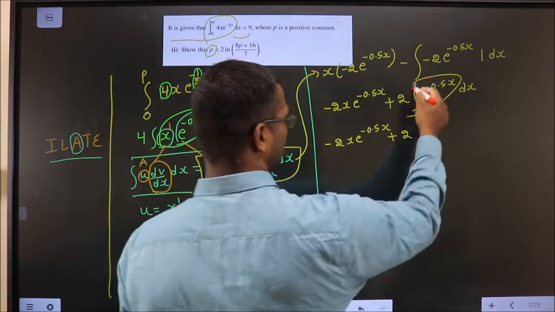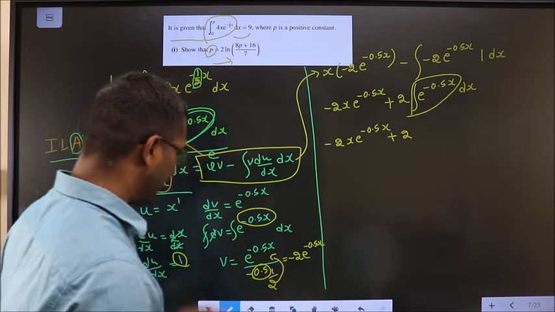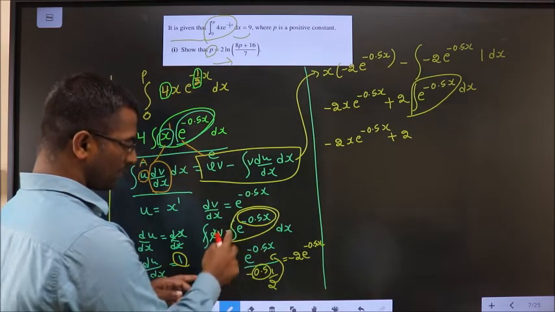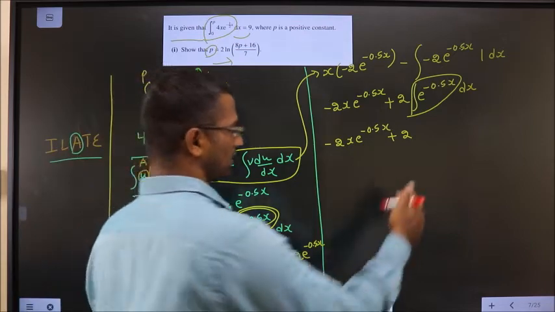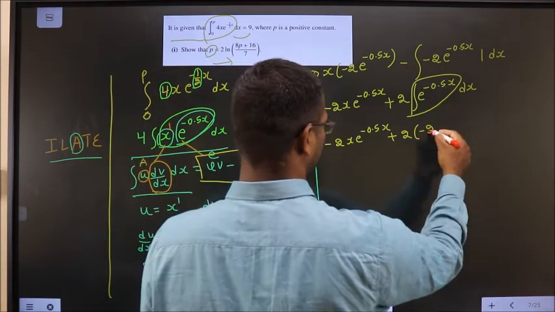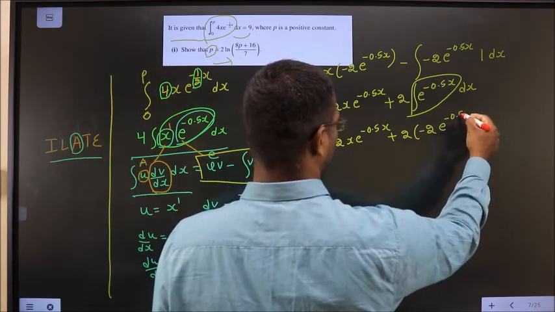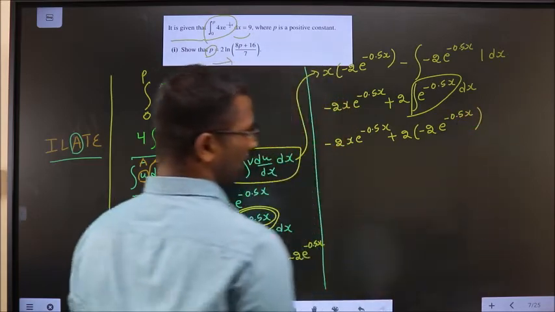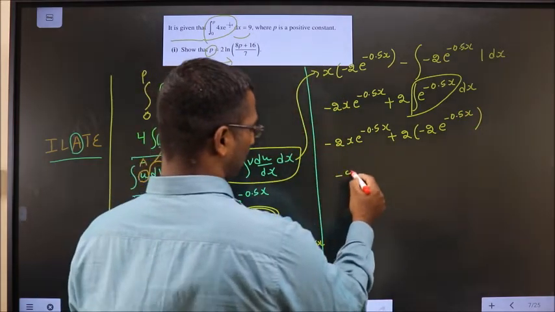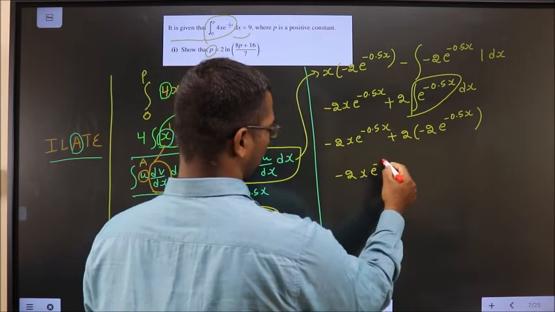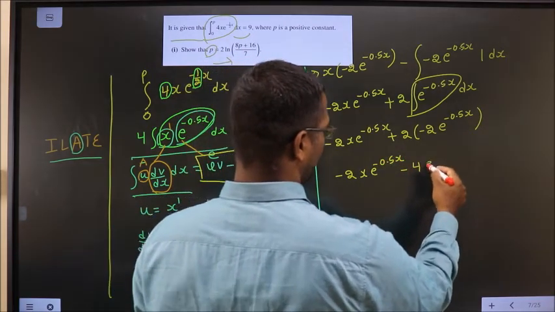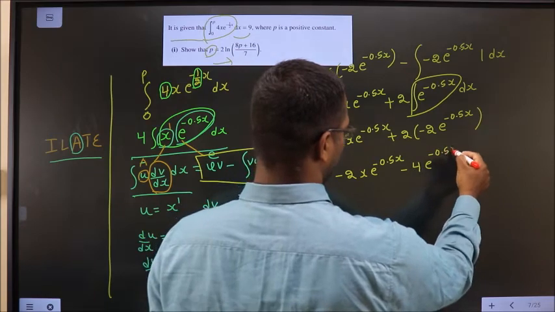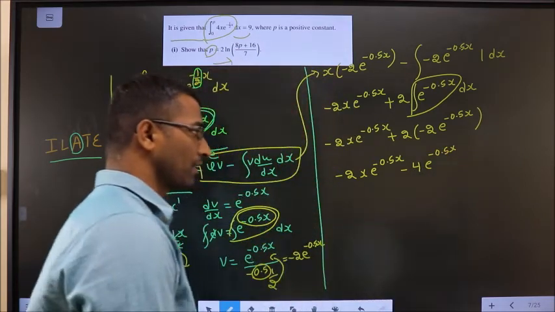Now, minus 2x e power minus 0.5 x plus 2. This integration we already did here. We get minus 2 e power minus 0.5 x. I am directly replacing it here. So that will become minus 2x e power minus 0.5 x, minus 4 e power minus 0.5 x. Clear?